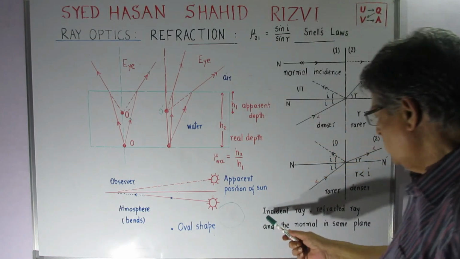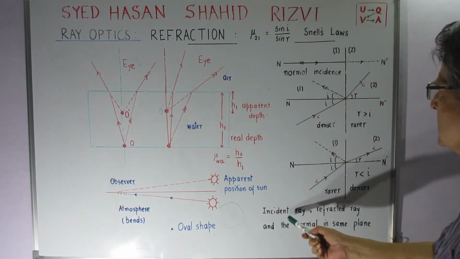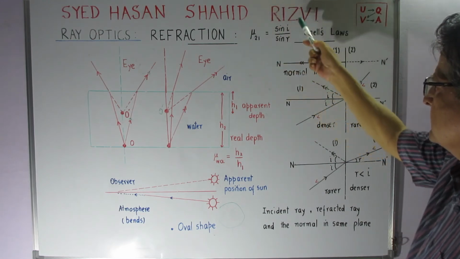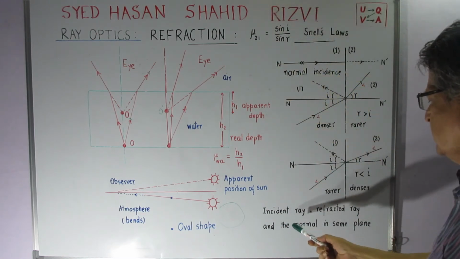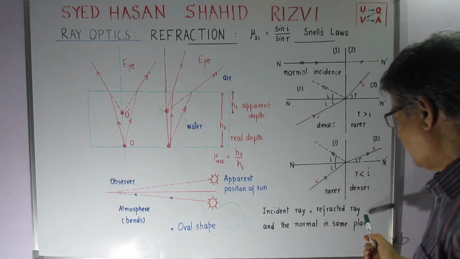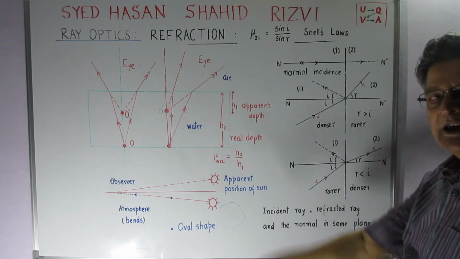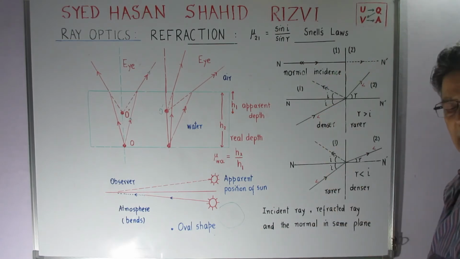Okay, one thing I forgot before, the Snell's laws. One is this thing, sin i upon sin r. The other is that the incident ray, the refracted ray, and the normal lie in the same plane, just like in the case of the deflection.